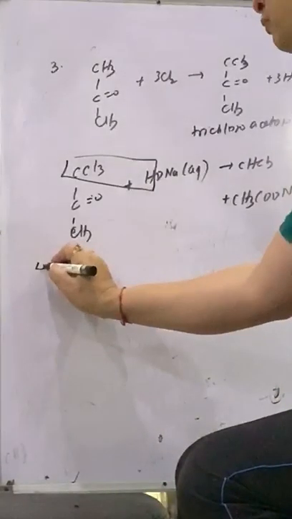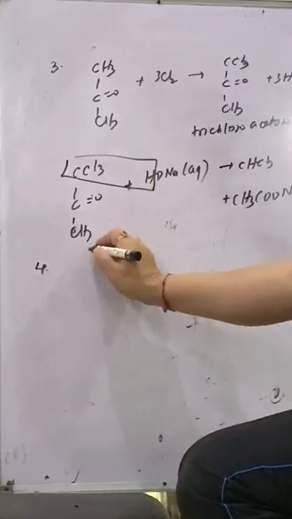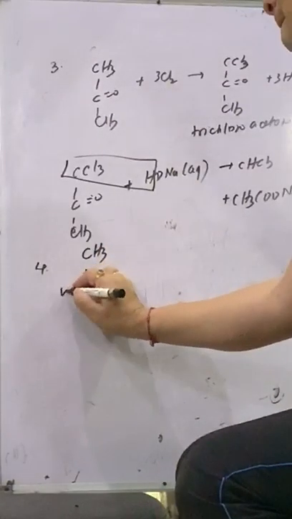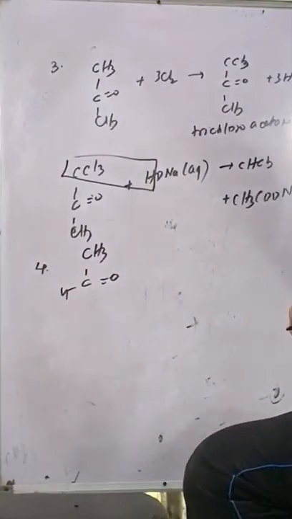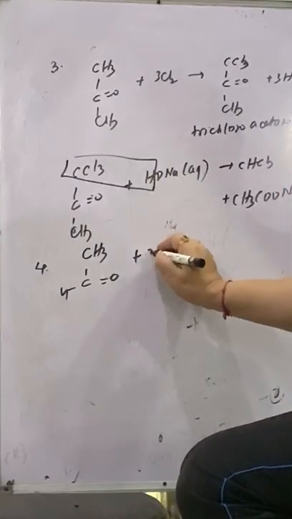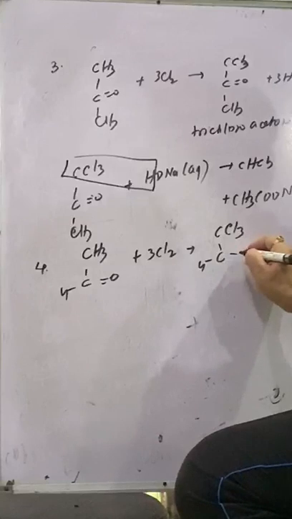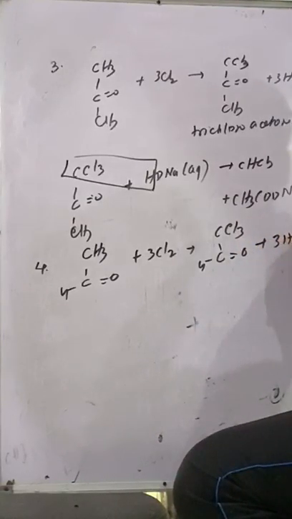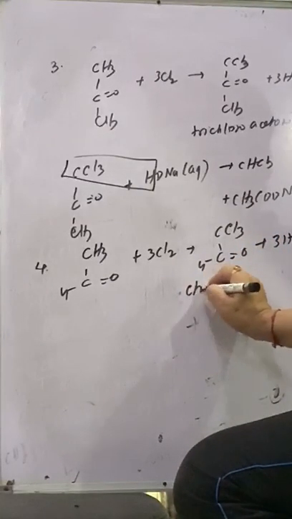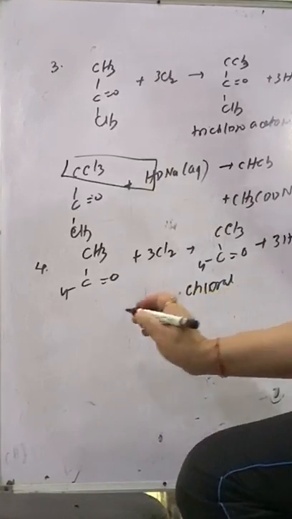Fourth method, the same thing again. You have acetaldehyde, and you treat it with 3Cl2 again. This becomes CCl3CHO plus 3HCl. This is called chloral, as I told you just now.